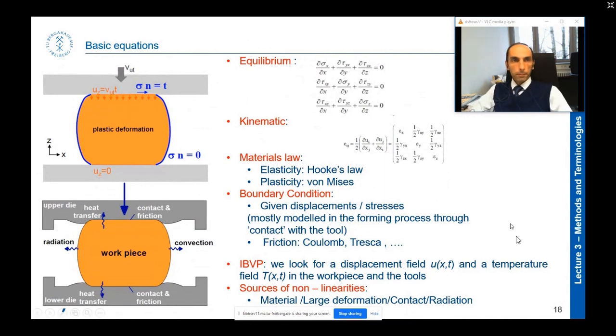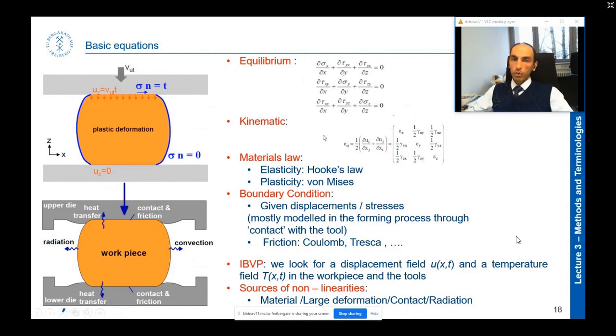So, what are those basic equations? I talked about it in the last slide. As I said, we have equilibrium equations. It's more or less familiar to you because it's fundamental to metal forming. Also, because in deformation the particles move, you have kinematics too. It means that you should be able to calculate the strain using the displacement field. And a very important thing is that you should be able to connect the stress and strain to each other.